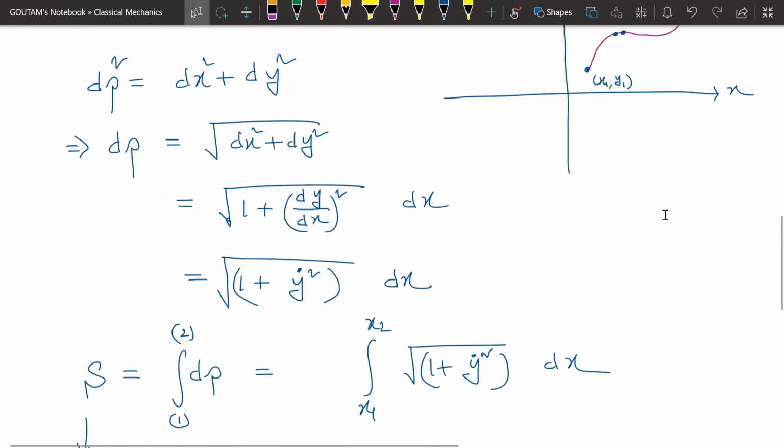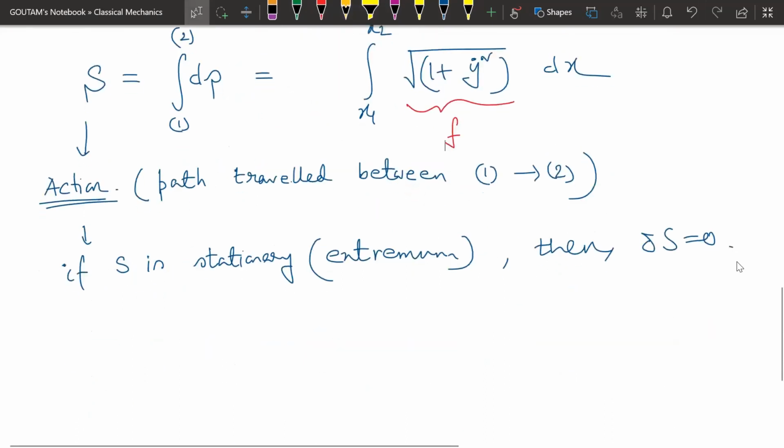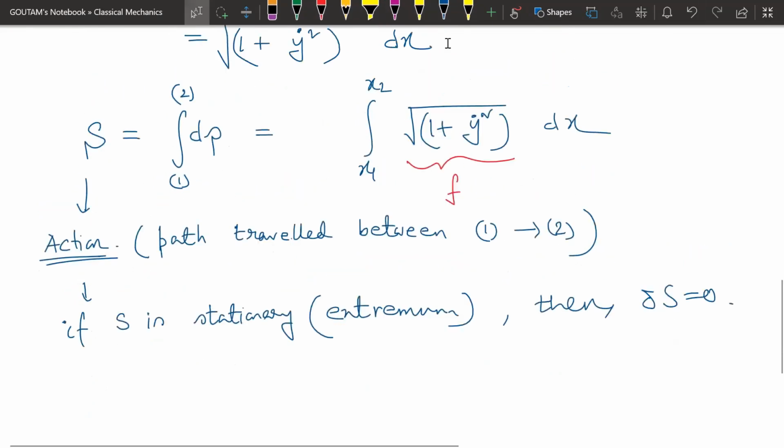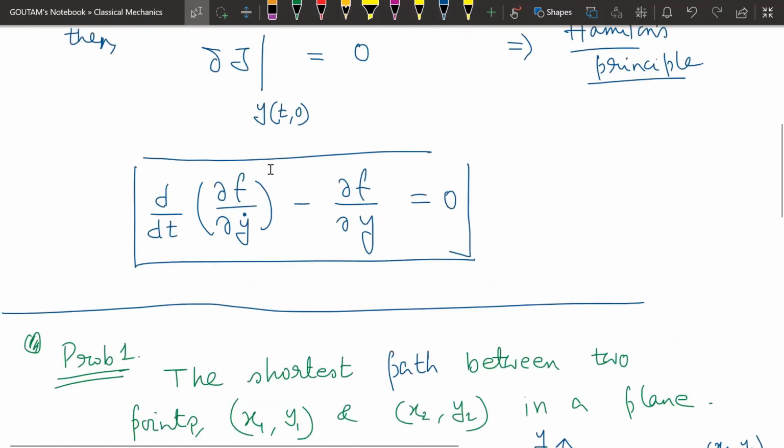In that case, this term is analogous to the Lagrangian, this f function. So we'll define it by f. This term will follow this equation in that case.